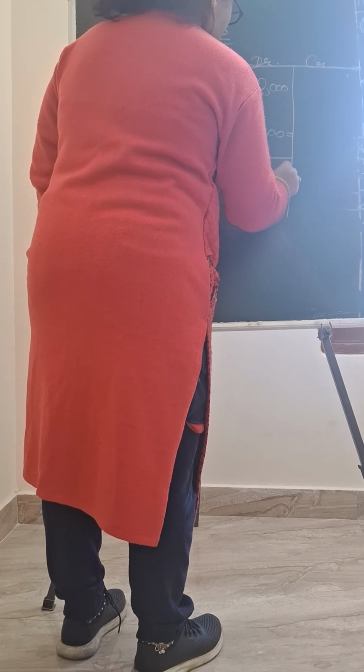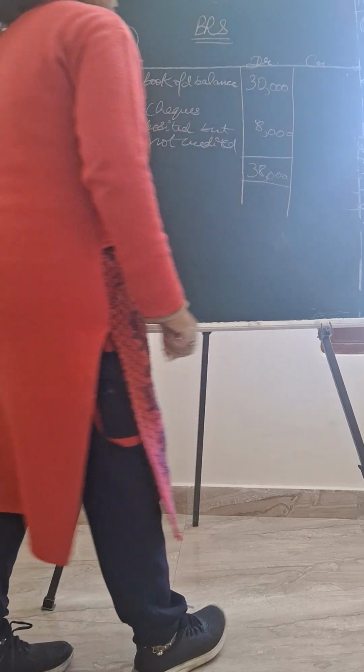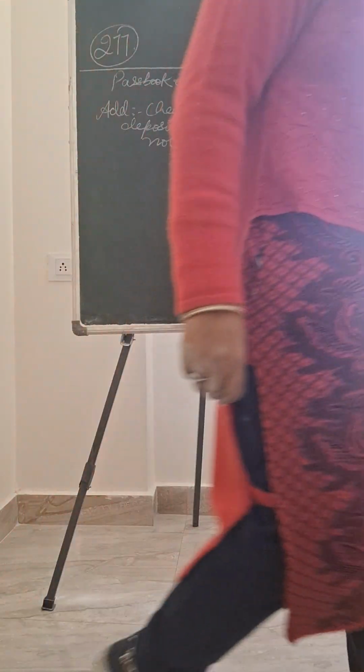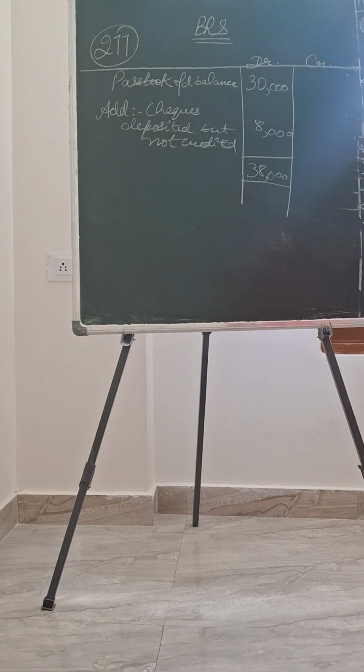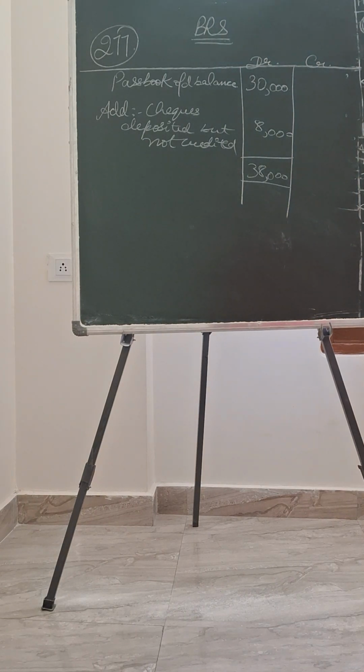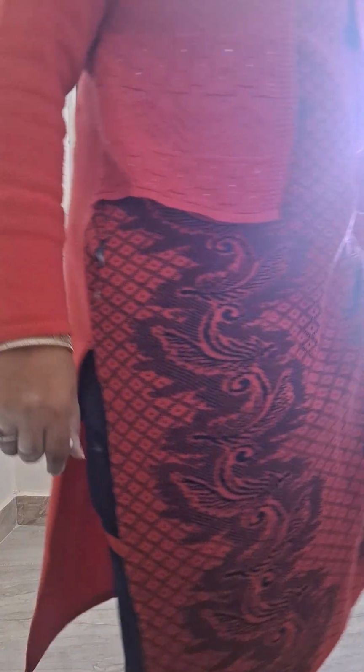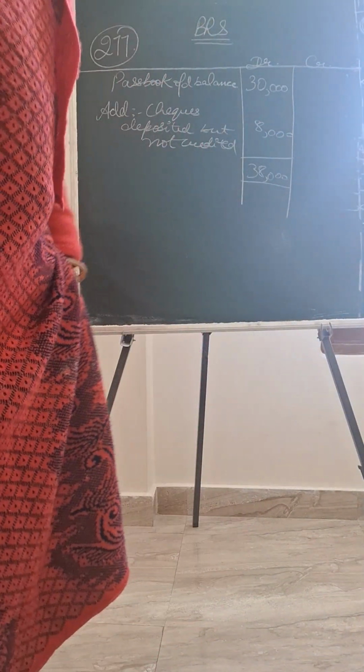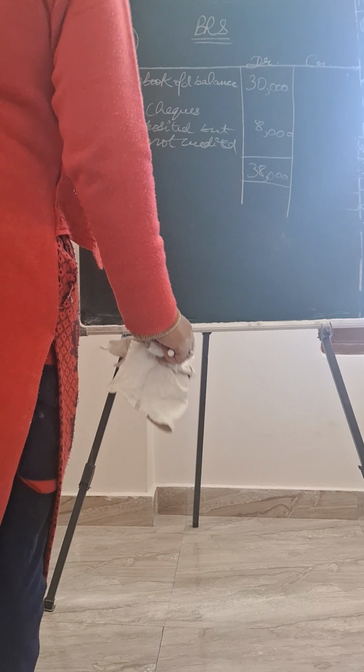Balance as per passbook 38,000. Next question. Bank balance as per cash book is rupees 570. Next question.